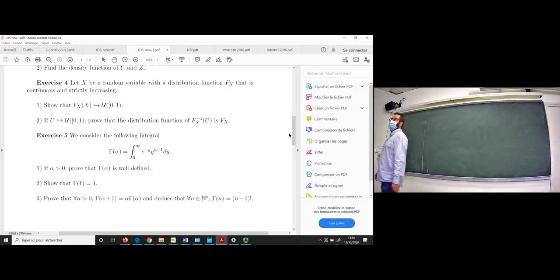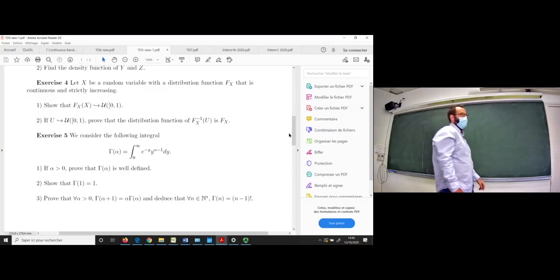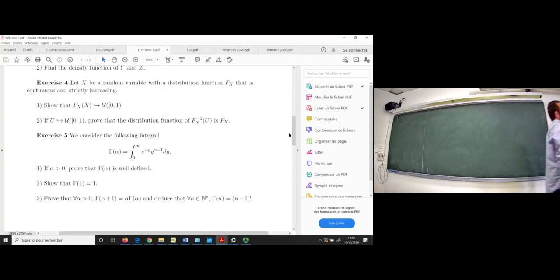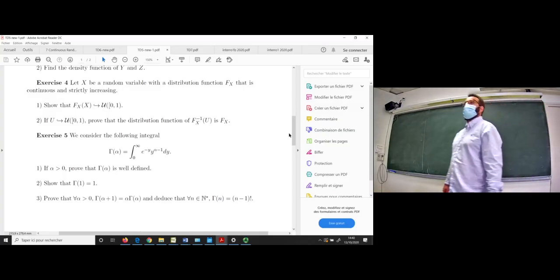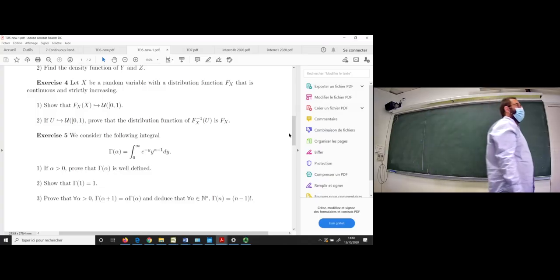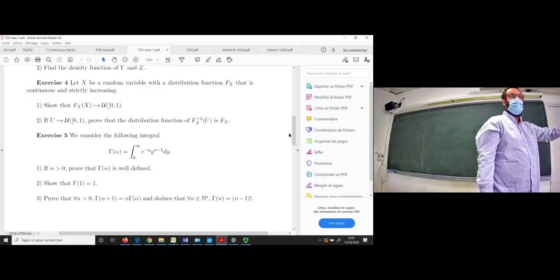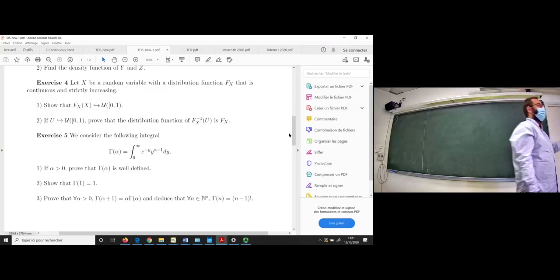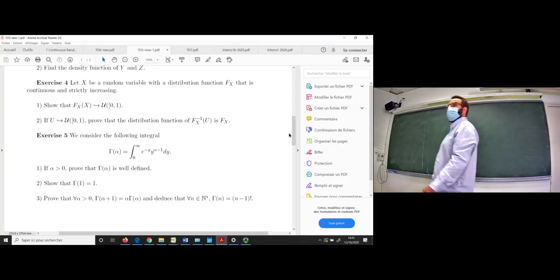In the cases we have seen together, that are uniform, exponential, and Gaussian, the only situation where I fulfill this condition is which one? Which one has a distribution function that is continuous and strictly increasing? So continuous for the three, it's okay, by definition of continuous random variable, but which one is strictly increasing?